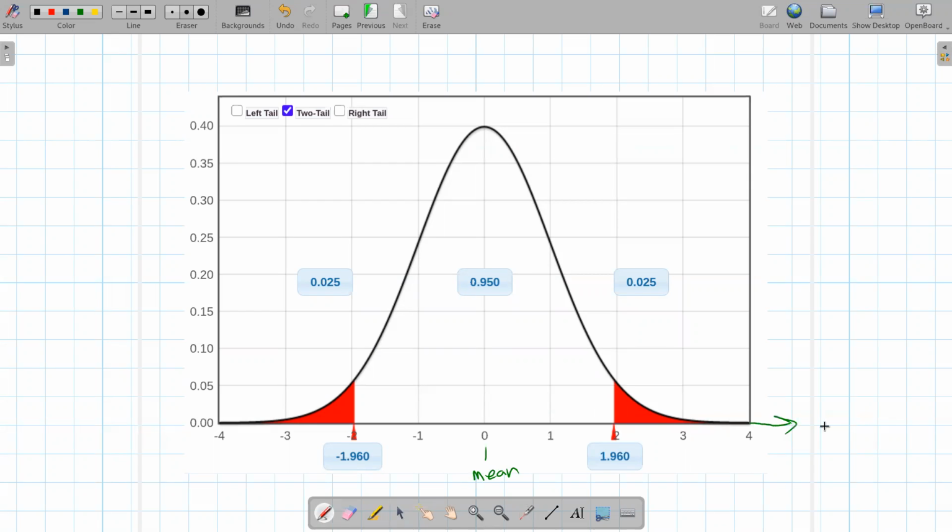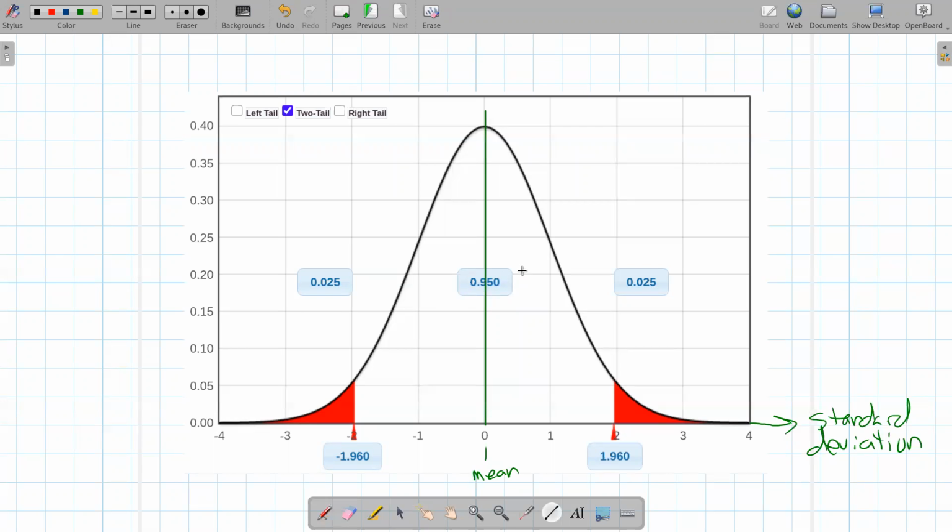So this axis right here, the x-axis, is the standard deviation axis. And remember, standard deviation is just a measure of the average spread from the mean, and we say the mean is the middle here. So I'm just going to draw a line there for my mean right down the middle.